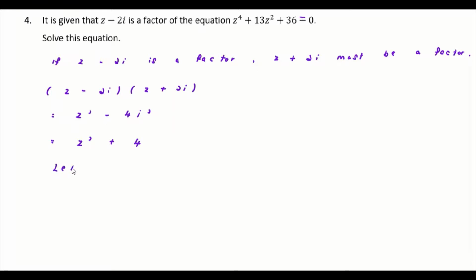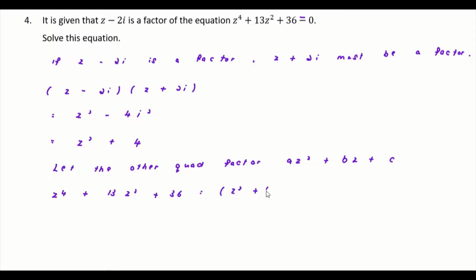So let the other quadratic factor be AZ squared plus BZ plus C. We put them together: Z power 4 plus 13Z squared plus 36 should be equal to Z squared plus 4 multiplied with the other quadratic factor.